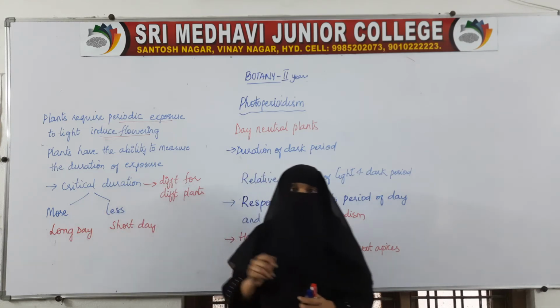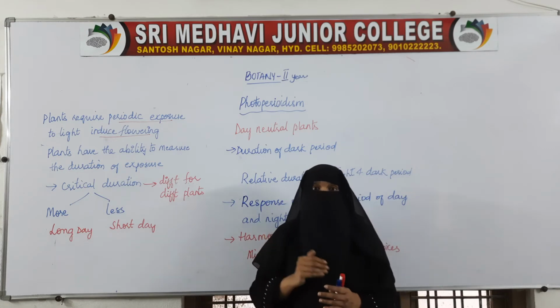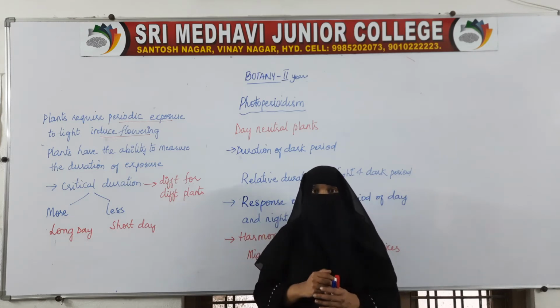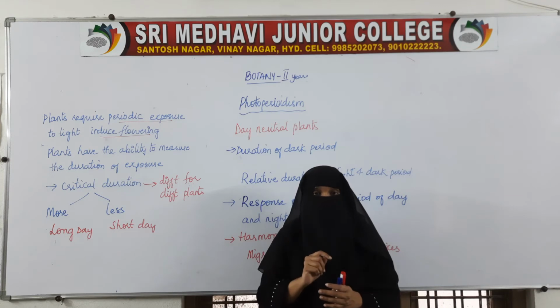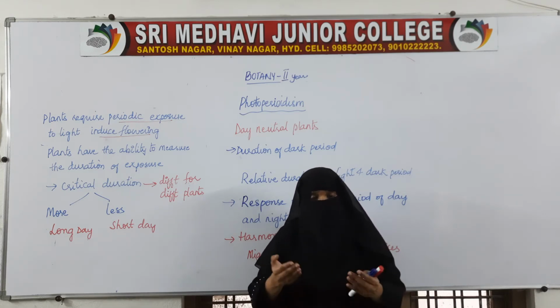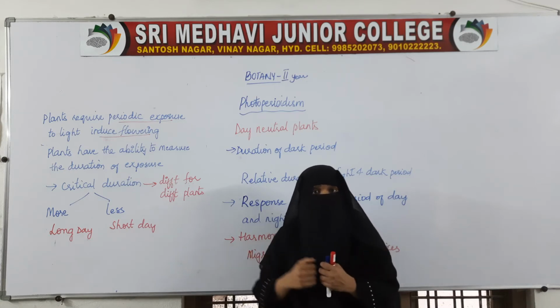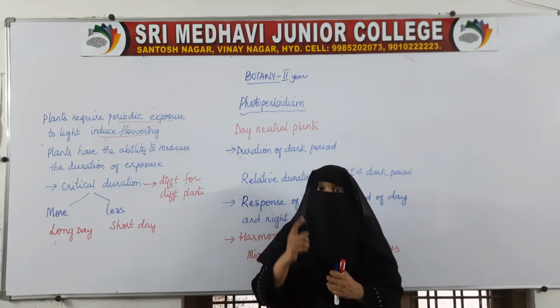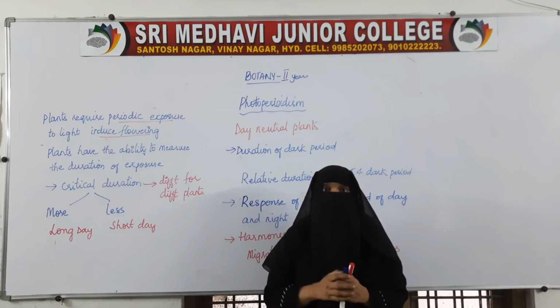And the plants which require less than 10 hours of light, if they get 10 hours of light now, more than what they require, they will not produce flowers. They require only 7 hours. So they already got 7 hours, but they have got an extra 3 hours, and this extra is harmful for them.